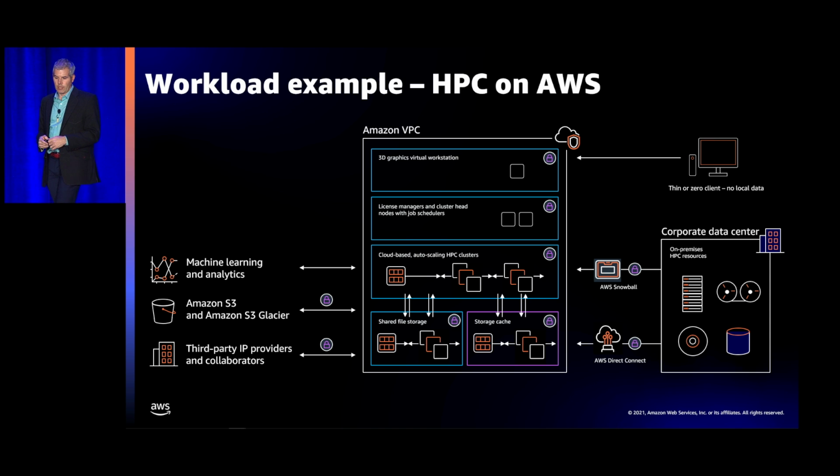Getting a little bit more detail oriented here, this is an HPC example. A little bit more complicated than the earlier example, but you can see that machine learning and analytics data has to be fed into our cloud-based auto-scaling. In this particular case, you're migrating data from your S3 storage and S3 Glacier here.